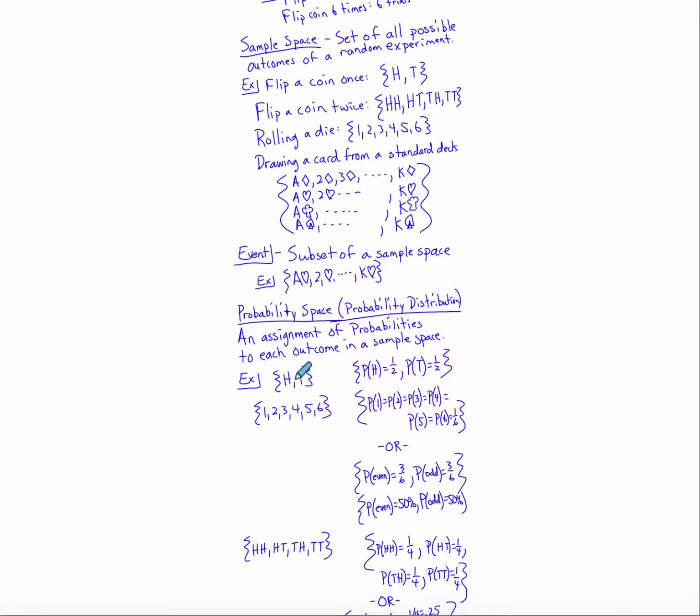As an example, if I have the sample space head and tail, then the probability of getting a head is 1/2. The probability of a tail is also 1/2. So this is my probability space. Actually, I guess we should call the first column the outcome, and then the probability.